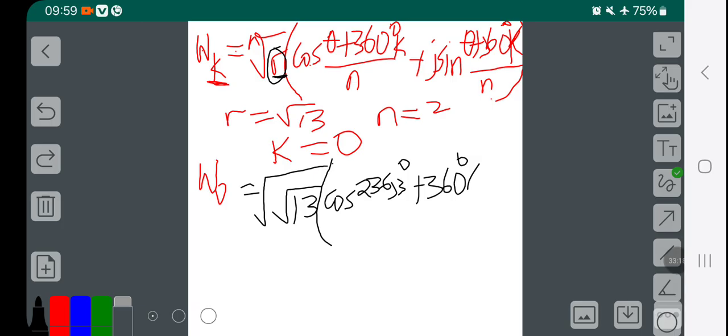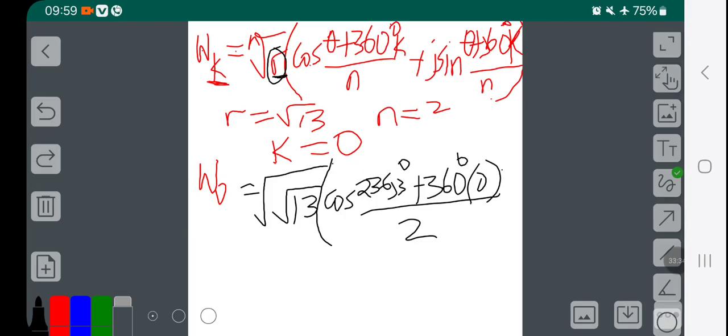Remember guys here, we said our k to start with is 0. So k is 0, all over, then I'm following the formula. So what is your n? Your n is 2. Just simple like this.